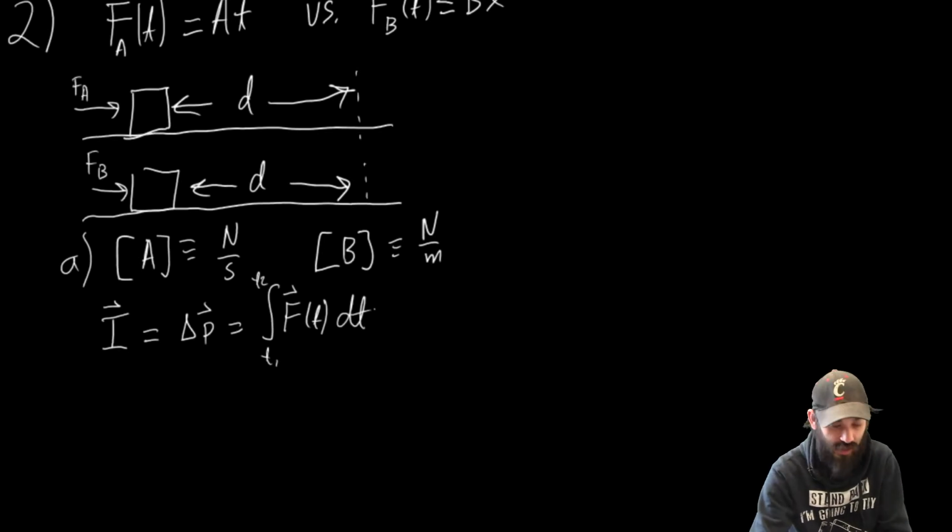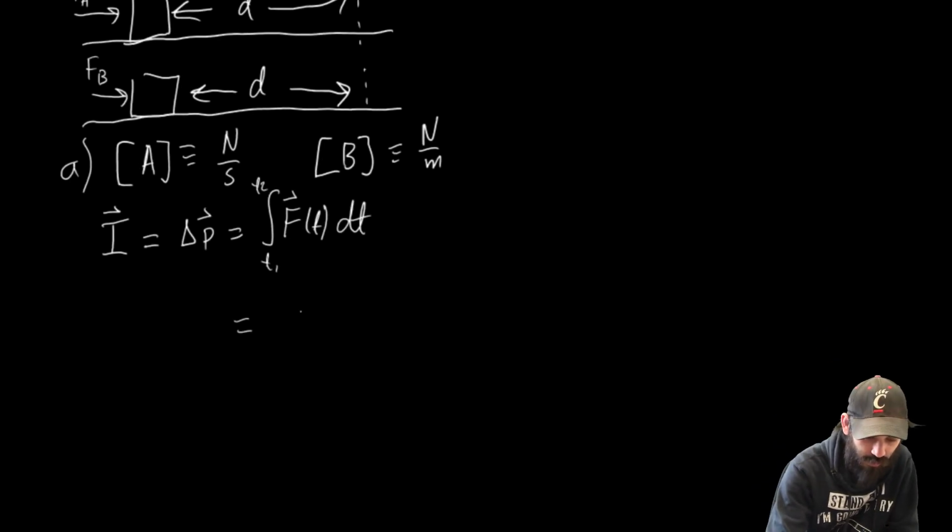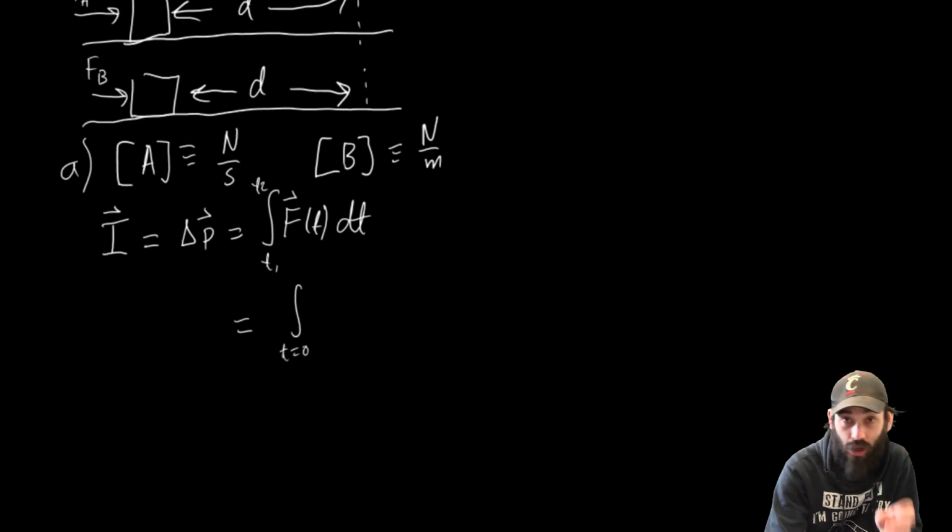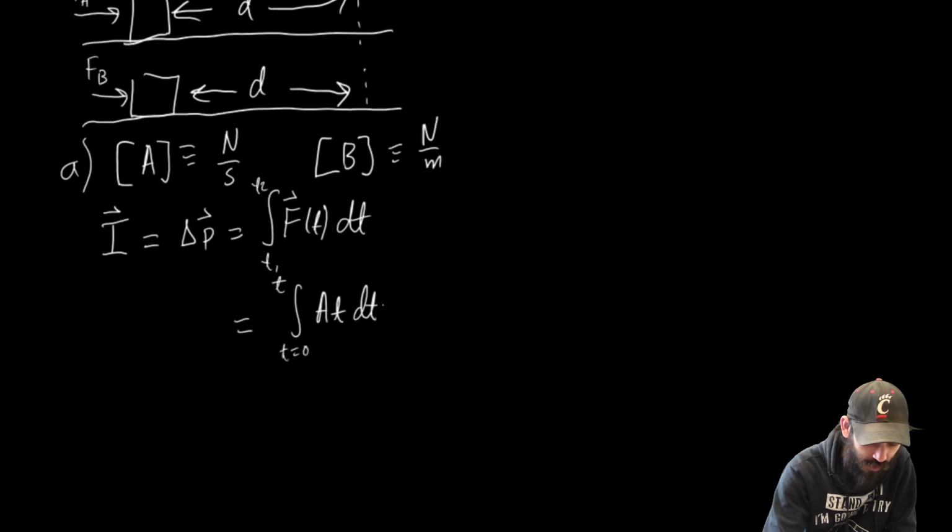We're taking this F vector to be one-dimensional, and so this is going to be the integral from t equal to 0, so we're starting our clock at the beginning, to some capital T, or some t equal to just lowercase t, times A t dt. Okay, so this says then that this is going to be A t squared over 2.